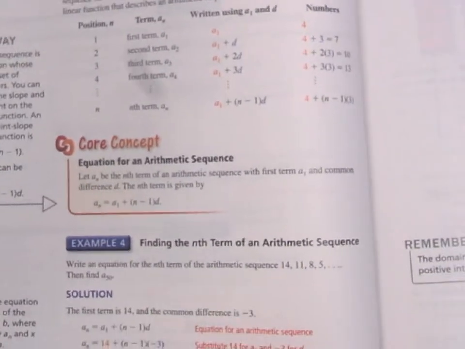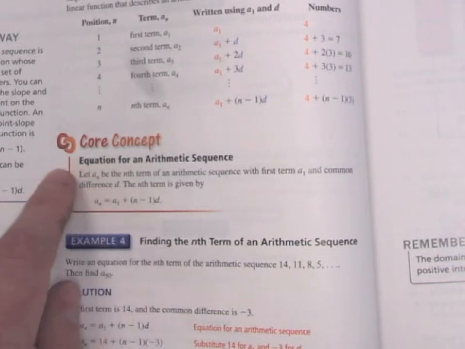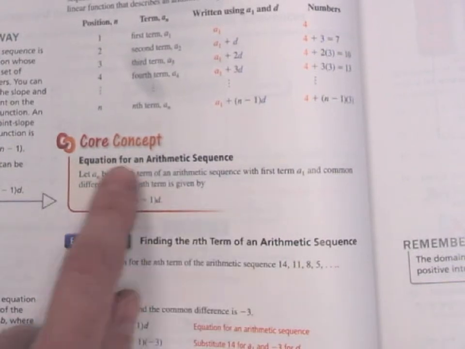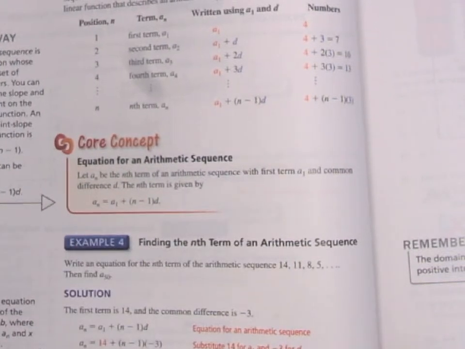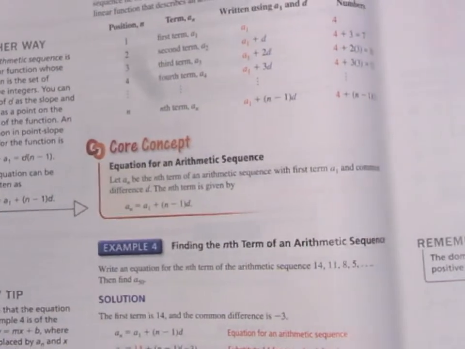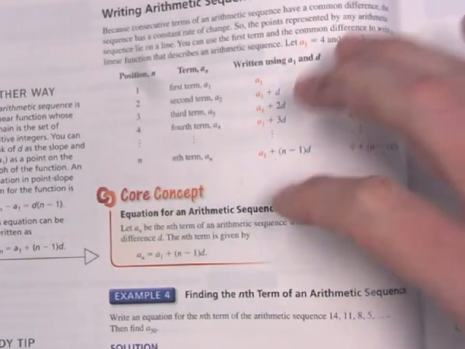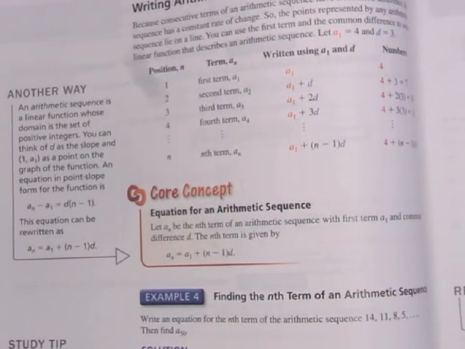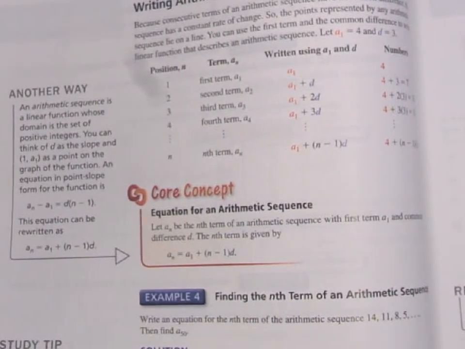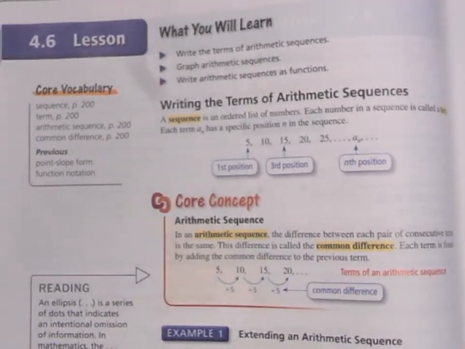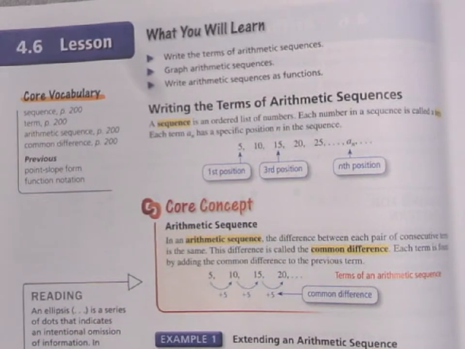And then there's also this core concept, which has an equation for an arithmetic sequence. This is an important idea as well. So if you need some extra reference material since you're missing class and maybe don't have as much, this is a great section to go through, read through, and try the examples so that you understand a little better about sequences.